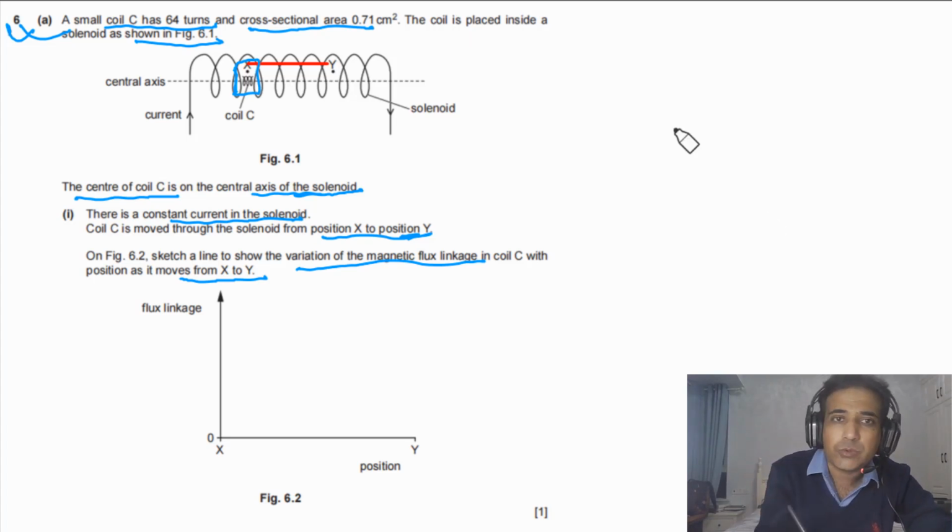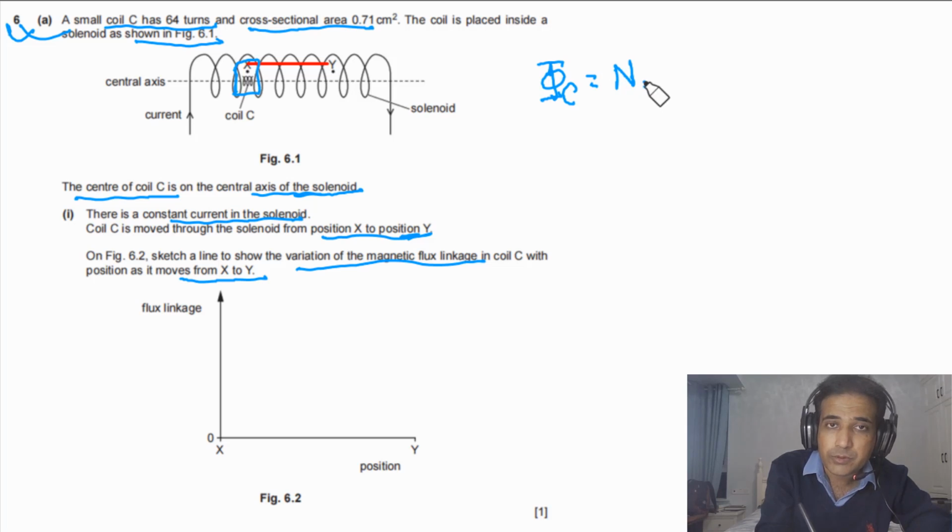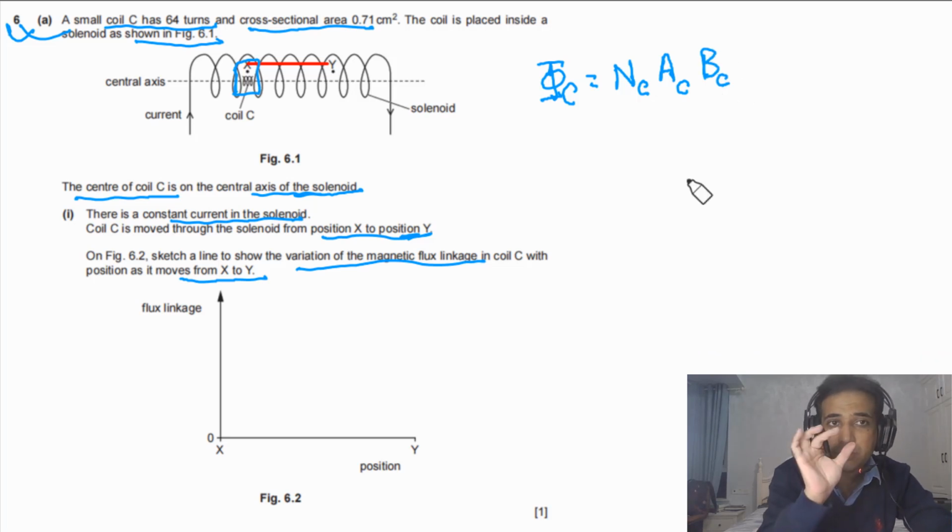So first of all, we need to understand magnetic flux linkage of coil C. So magnetic flux linkage of coil C will be equal to the number of turns of coil C, cross-sectional area of coil C, and the value of B, magnetic flux density. As this coil is placed inside solenoid, the value of B is constant.